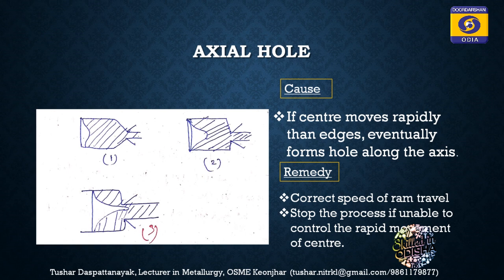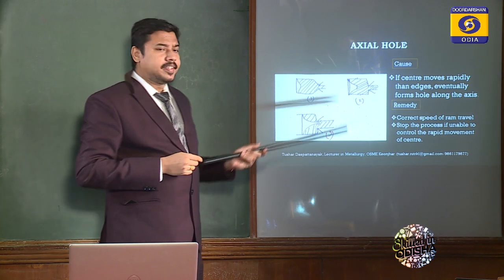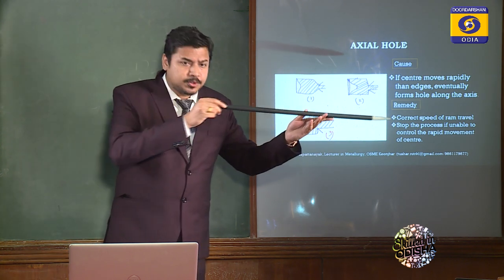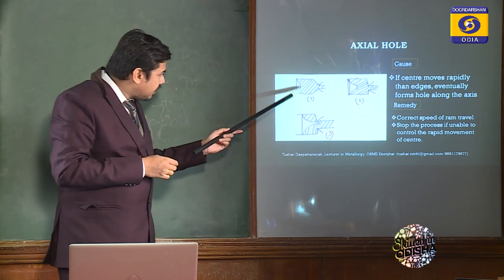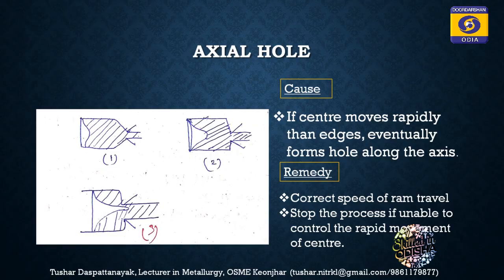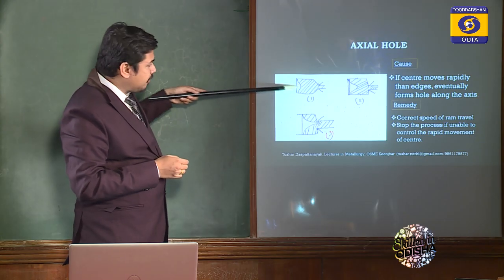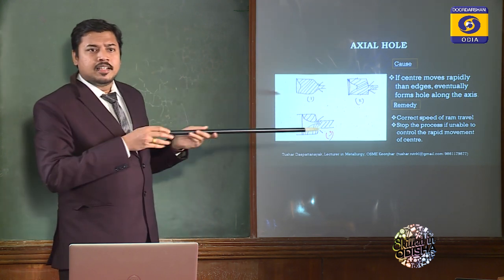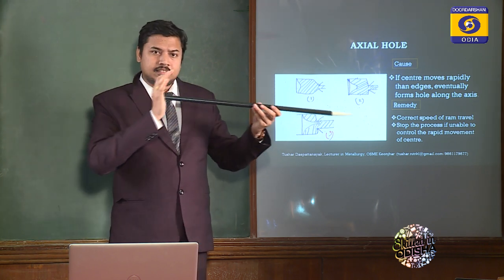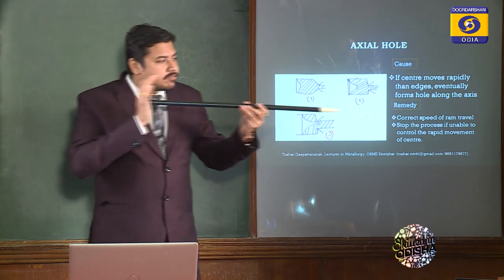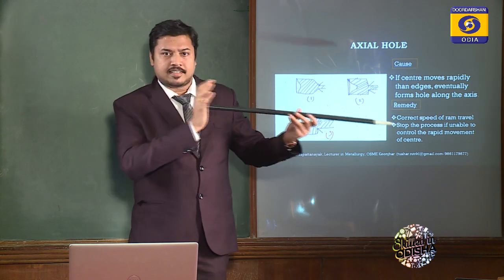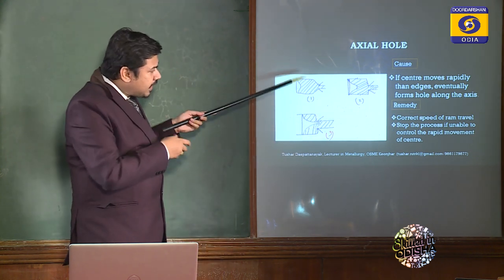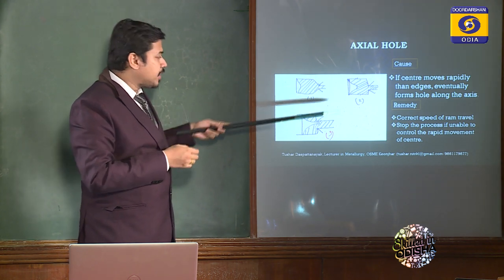As the name suggests, axial hole, there's a hole along the axis. What is the cause of it? If the center moves faster than the edge, if this is the die, this is the billet, and you apply force from this side, and the center moves faster than the edge, like suppose my ram travel is faster, my ram speed is faster, I am pushing harder, that means my center will move faster and eventually it will form a hole.